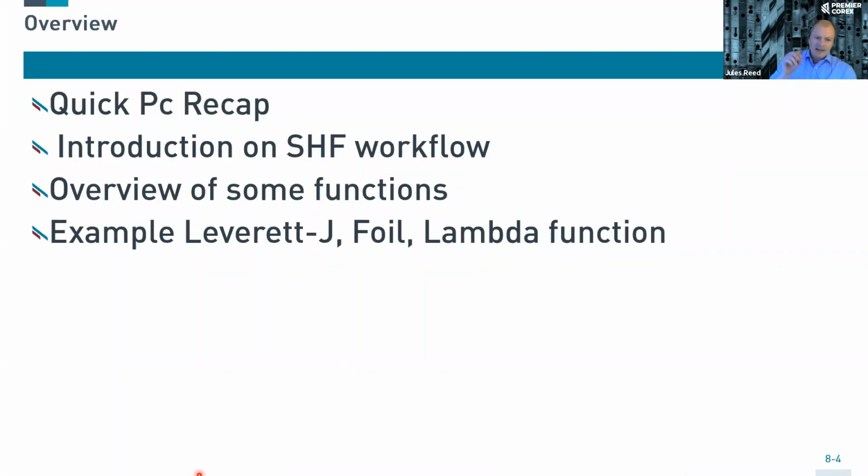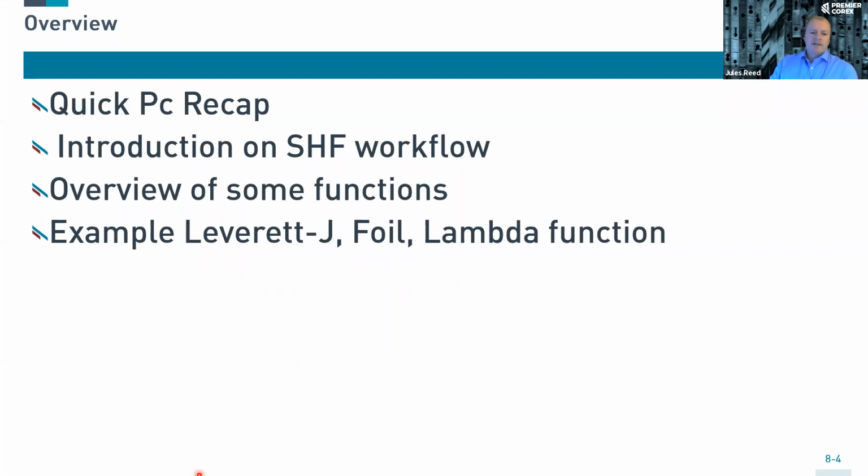So what we're going to look at today: I'll do a quick recap of capillary pressure, then a little introduction on saturation heights and the sort of workflows you might require. Then an overview of some of the functions, or capillary pressure models, that might be used in helping to build saturation height functions.